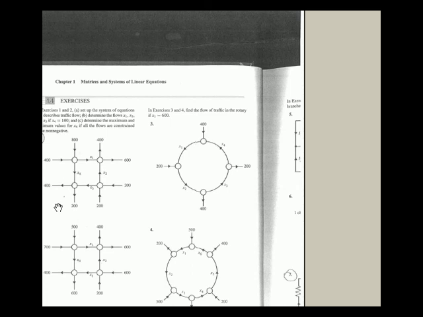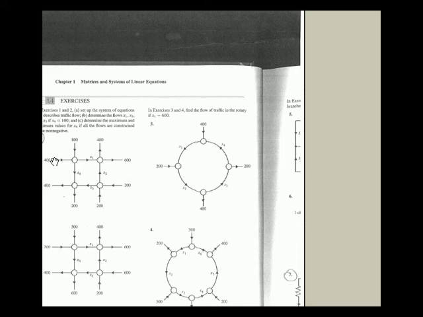Now, did we get lucky that there is a solution? Well, sort of, because you can show that the total number of cars per hour coming in, that'd be 400 plus 800, and then plus 200 plus 200, that's 1600, has got to be the total number going out, which is 400 plus 600, that's 1000, plus 600, 1600.